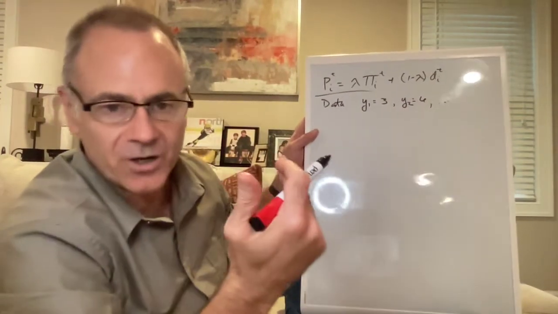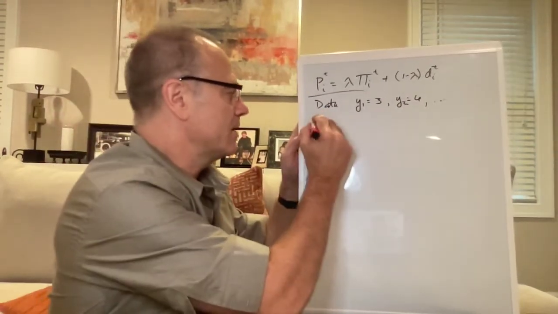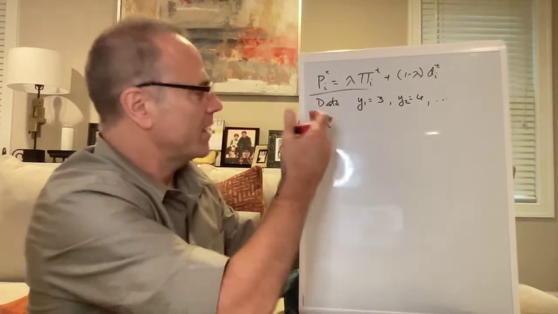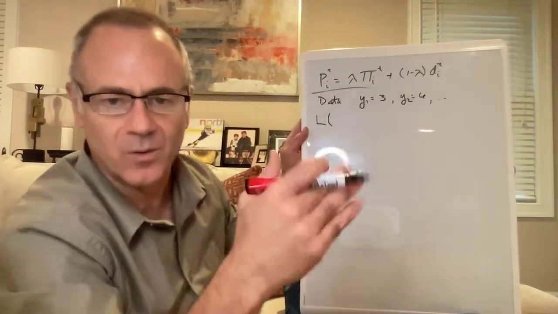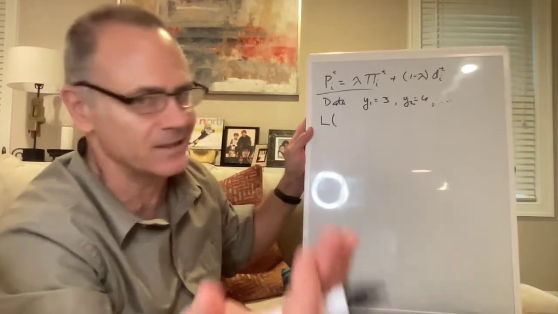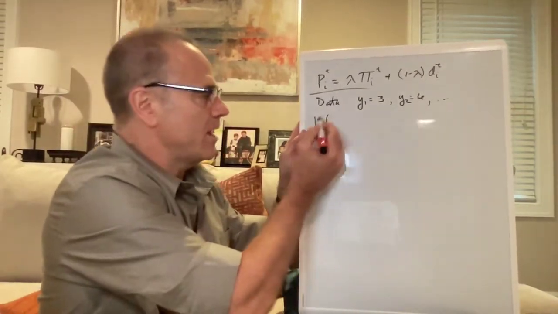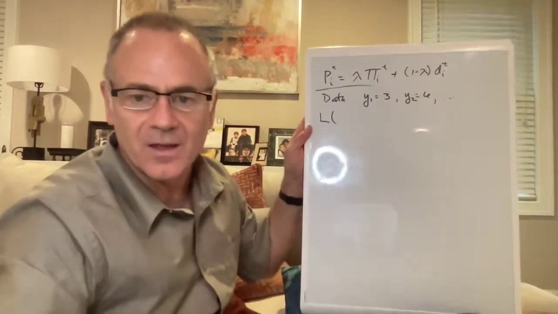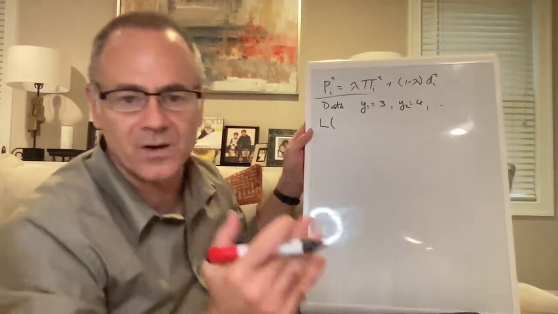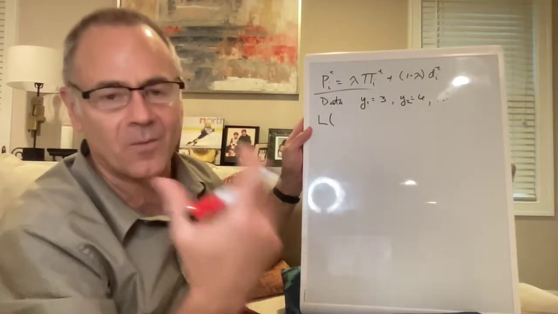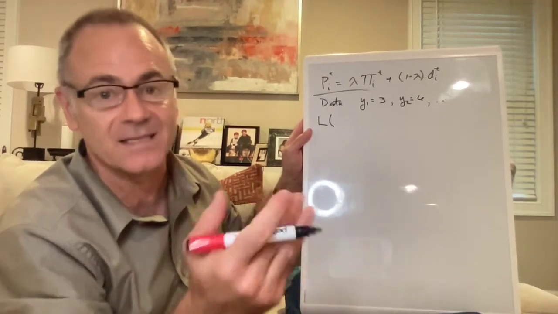So what you're going to need to do, you're going to write L, I could have written log of L. It should be simple. Once we get the likelihood, it's easy to take the log of the likelihood. So normally I've been writing L of theta, but now we only have one parameter to estimate, and that's lambda.